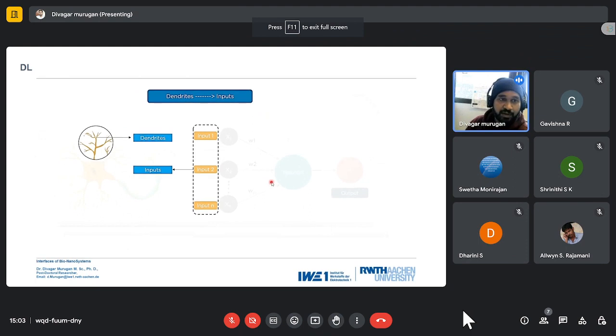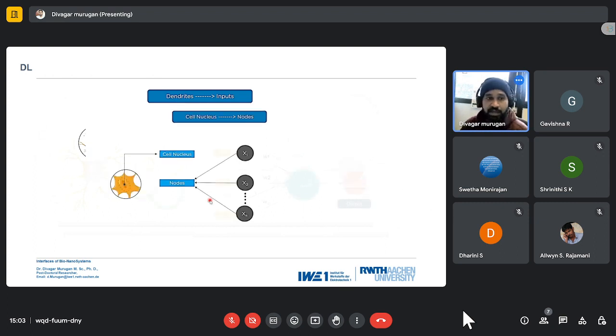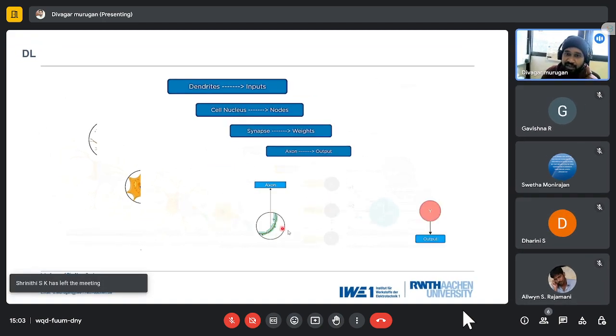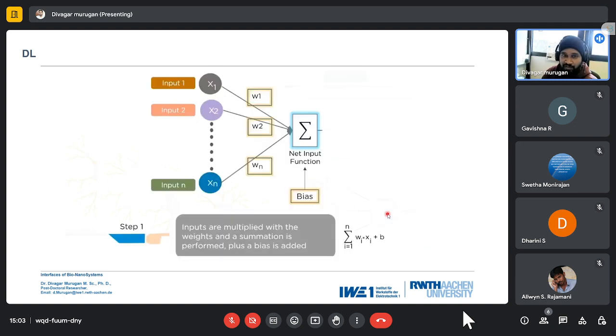For example, the dendrites are considered as the input in machine learning, the nucleus of the cell is the node which is created from the input signal you are getting, the synapse is the weightage that you are giving, and the axon is your output. So this is how the biological neural network maps to the artificial neural network.